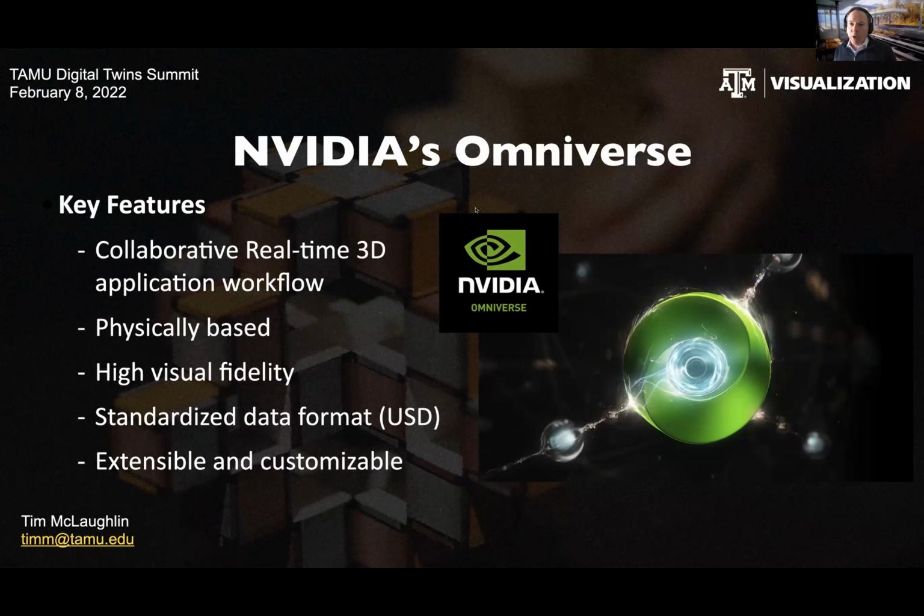We can also run high precision simulation. We can work in real time with one another, making exchanges of information based upon our own tool set because there is a standardized data format, the USD format developed by Pixar. So we can work in real time, we can separate ourselves and do our own work back in our own space and then come back together as needed.